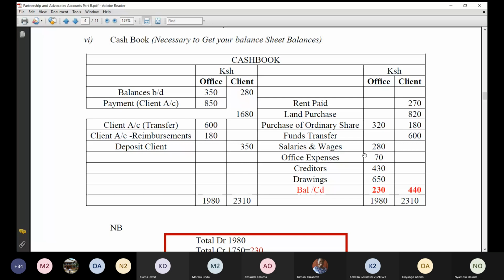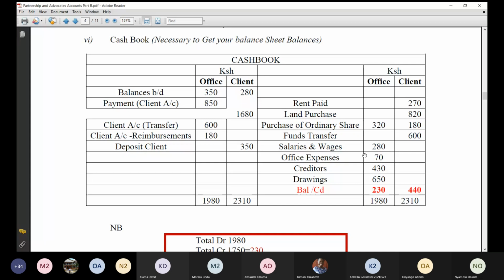Actually, I took a shot of the page from the accounting for lawyers that is telling you what to debit and what to credit. So you are told that this guy bought shares using 500 shillings.